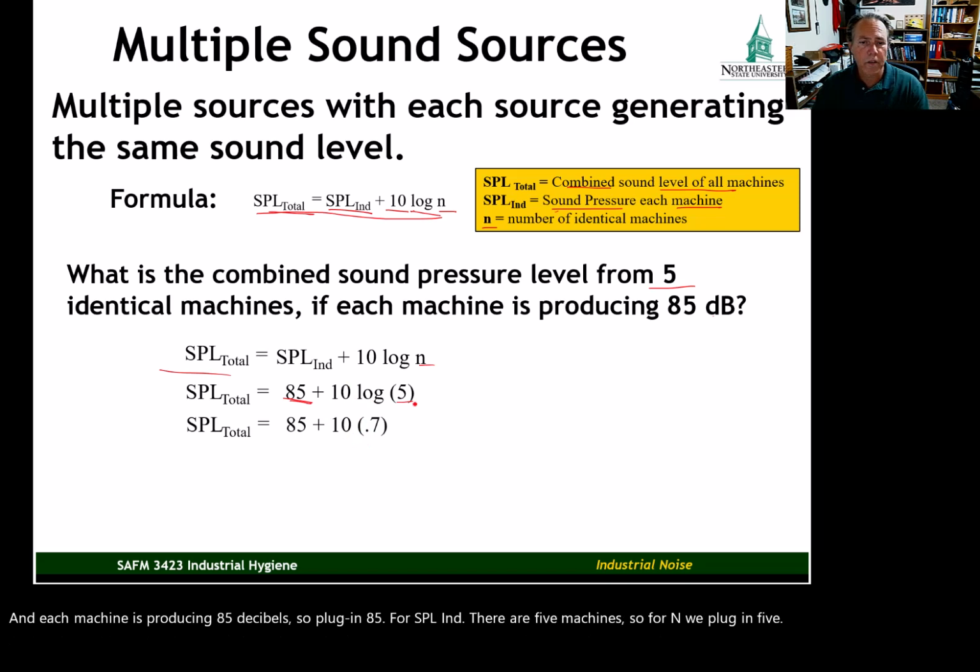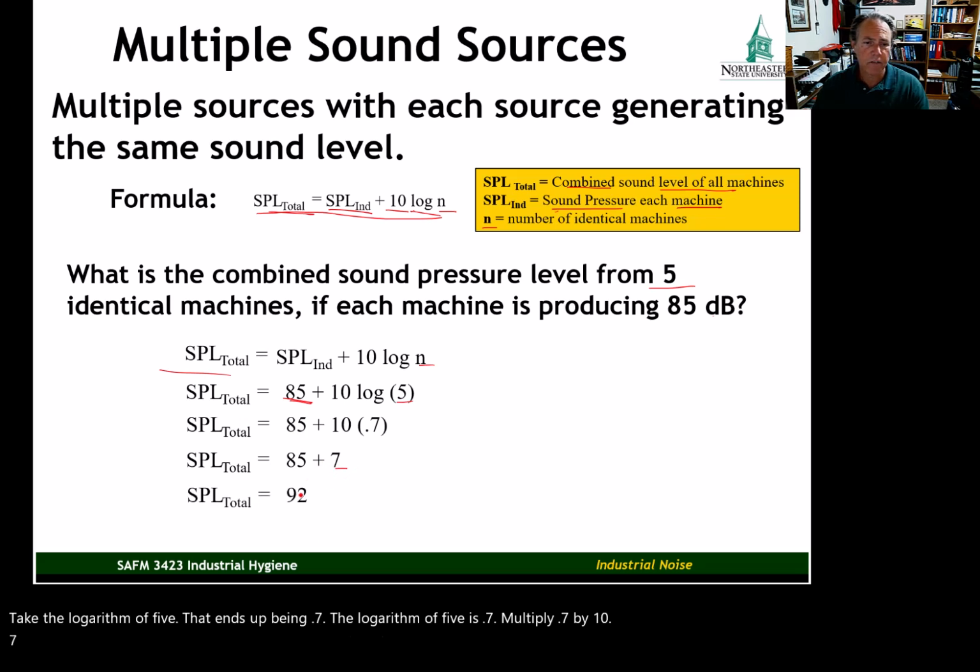Take the logarithm of 5, that ends up being 0.7. Multiply 0.7 by 10, that's 7. 85 plus 7, that gives us the combined sound level for these 5 machines. Pretty easy stuff.